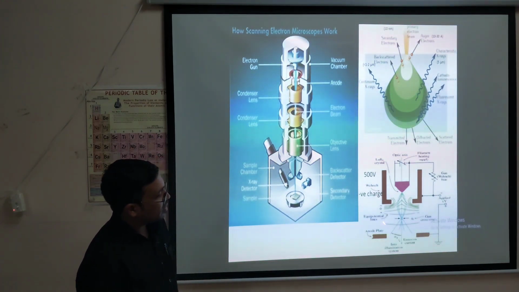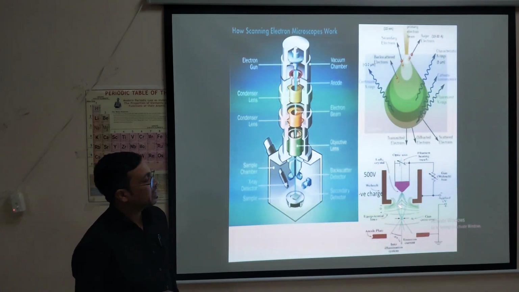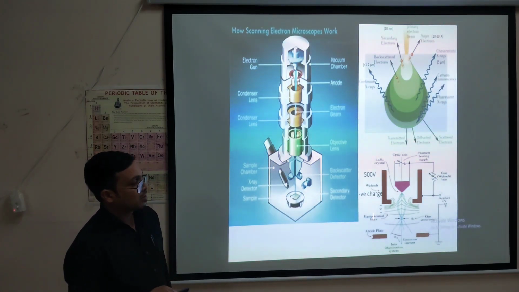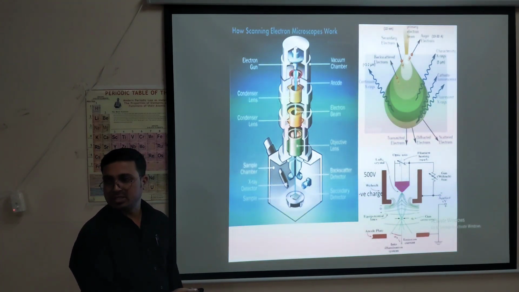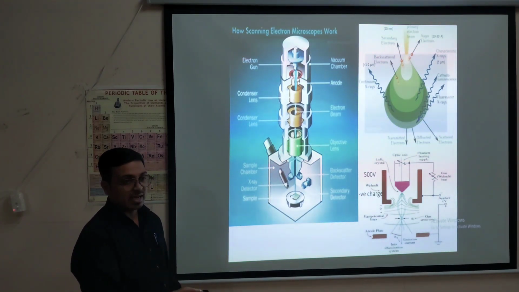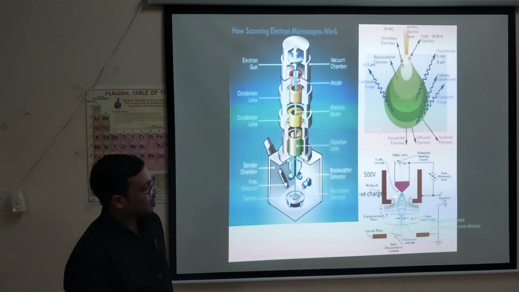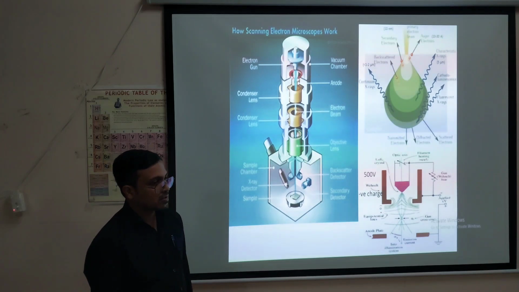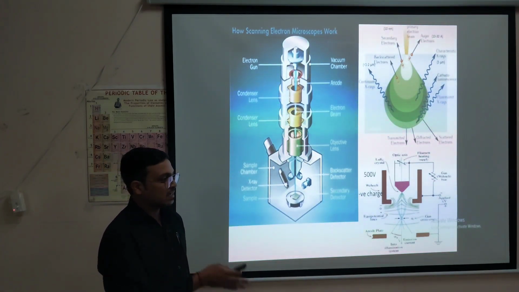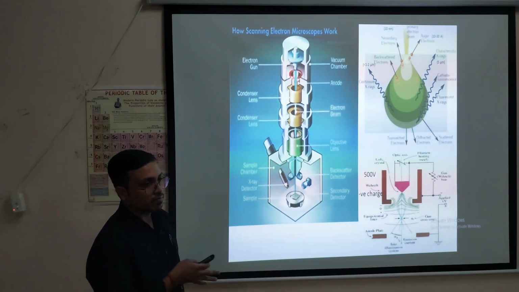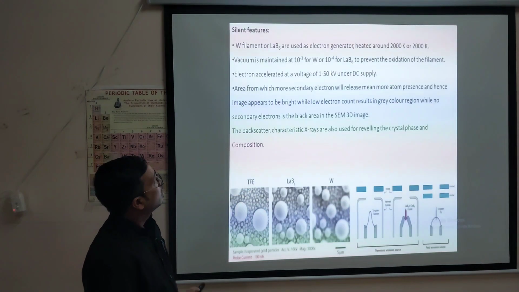Now this is the operational or schematic presentation of the electron gun. How it works, and what type of system is usually taken for electron generation. I told you the potential difference applied is around 1 to 50 kilovolt to accelerate the beam of electrons. Next one.